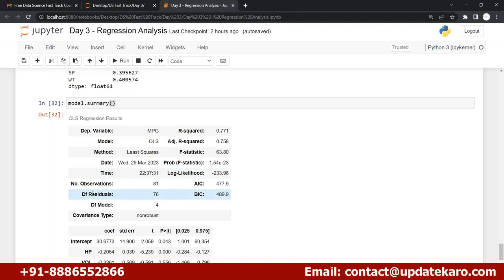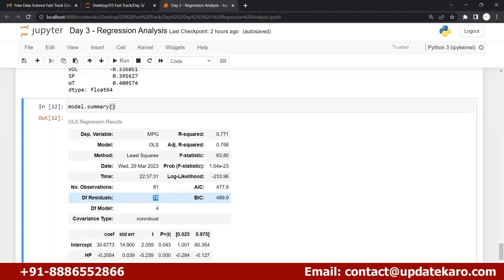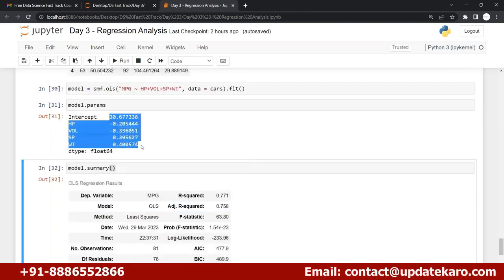Just try to understand it overall, not in depth: it is the degrees of freedom for the error. And the degrees of freedom for the error is nothing but the total observations minus the number of parameters you want to estimate in your model. So here you can see I estimated a total of 5 parameters, right?